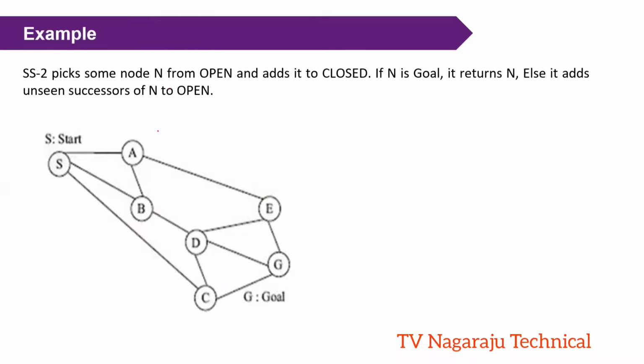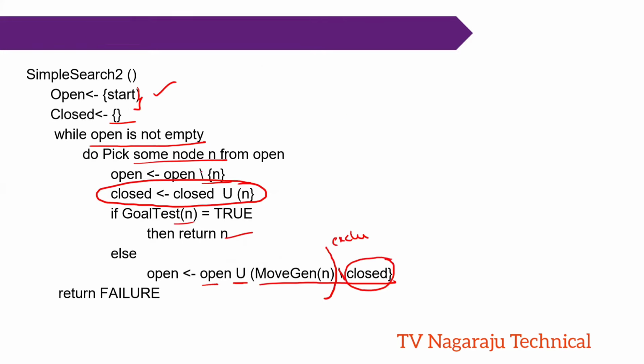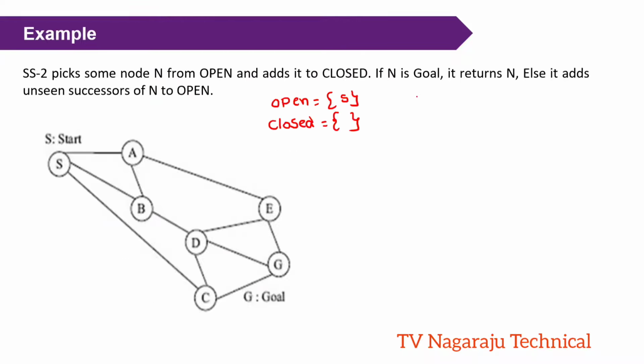The same graph. Observe, initially open is equal to S. What about closed? Closed is equal to empty. After the first iteration, according to the algorithm, open is removed. That means in the first iteration, the open is empty.